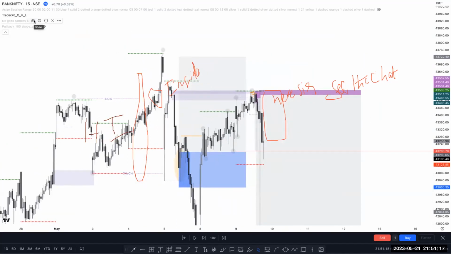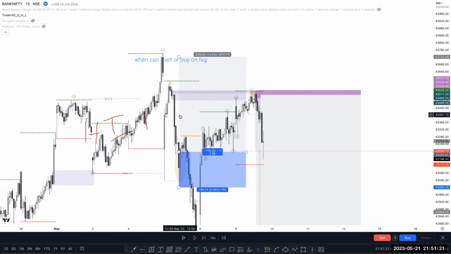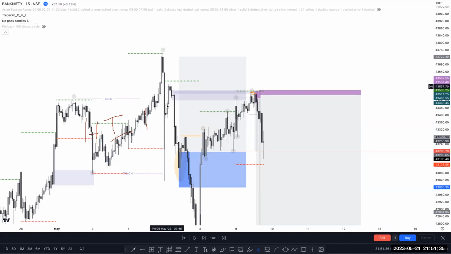Actually, what happened here? Look at this one now. Now you can see this one is our continuation candle to the upside and then push downside. This is a candle here and then gap down. And this indicator, sometimes you can see the entire candles are combined. That's why this move happened here.